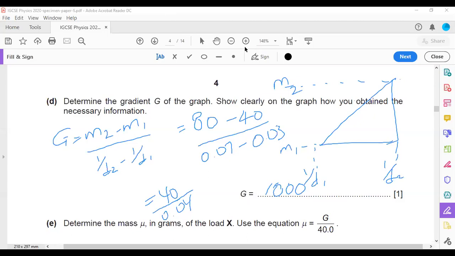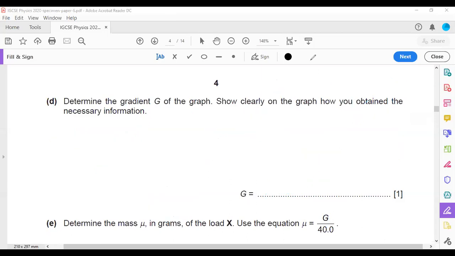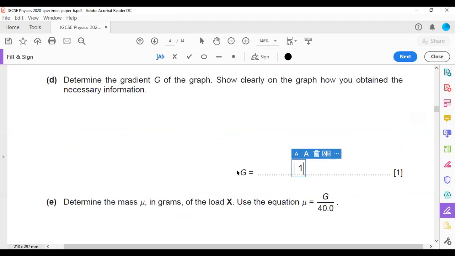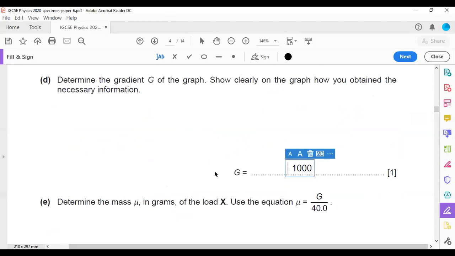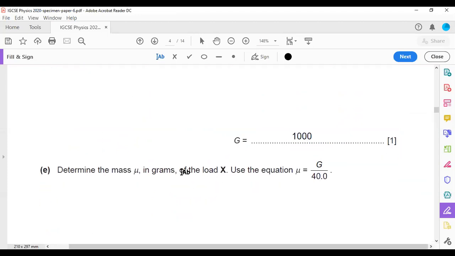Good. So moving forward now. The question here says, so we calculated this value to have been 1,000. Determine the mass mu of the load X using the equation.